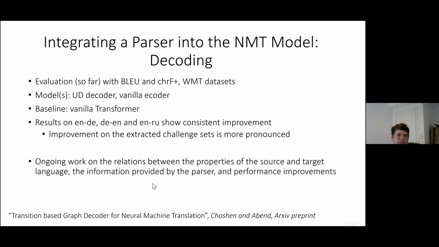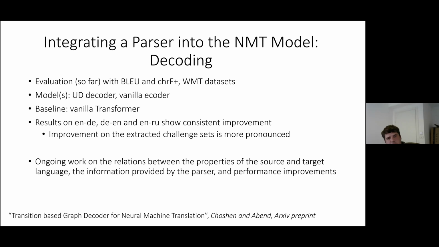Our results, so far we have results with automatic metrics only, but we see consistent improvement over the vanilla transformer, where we use a UD decoder and a vanilla encoder as we do here. We have results on three target languages so far: German, English, and Russian. And we see general improvement as well as improvement over the expected challenge sets, these types of divergences that I talked about before.